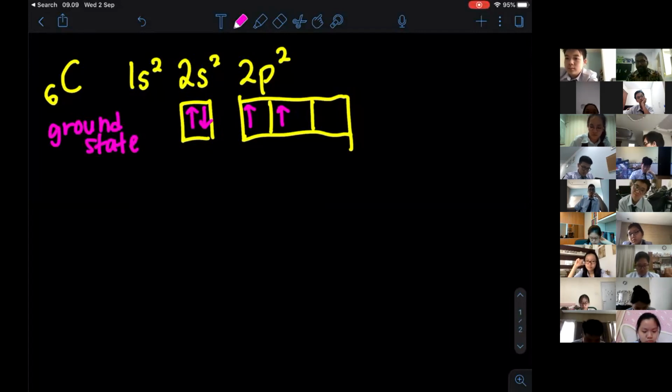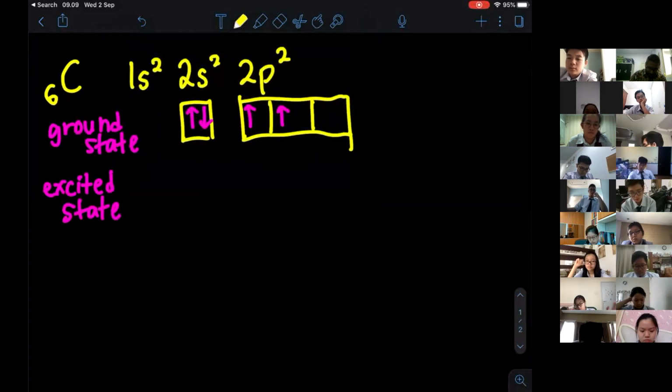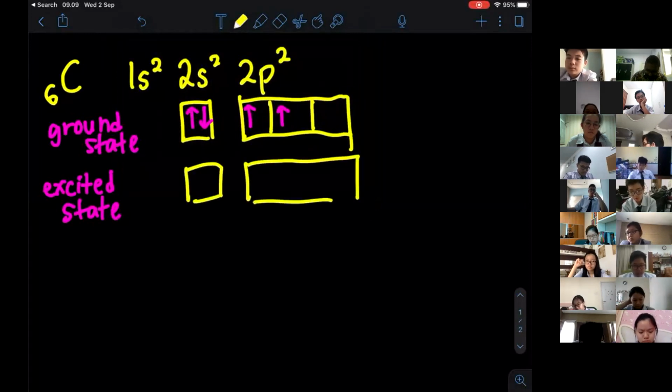But when they participate in bonding, a new state emerges, called the excited state. So they get excited for bonding. When we draw it, an electron from the 2s moves to the 2p, because it is from the same principal quantum shell.